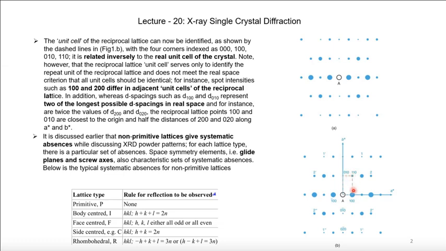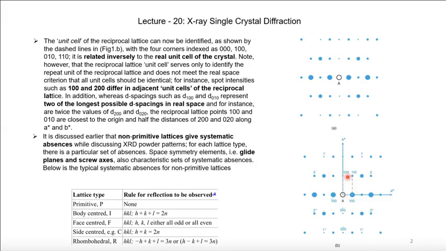This is the unit cell of the reciprocal lattice. Now this is what we call 0, 0, 0, the origin. Then we have 1, 0, 0, then this point 1, 1, 0, and this is 0, 1, 0. This is how we index it.